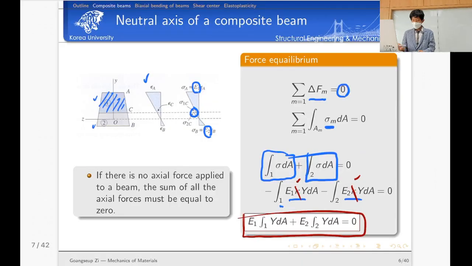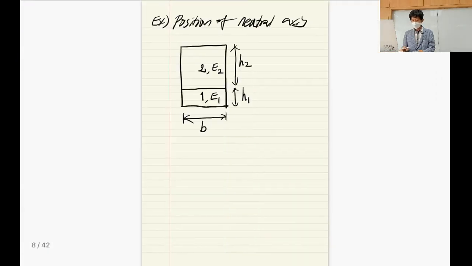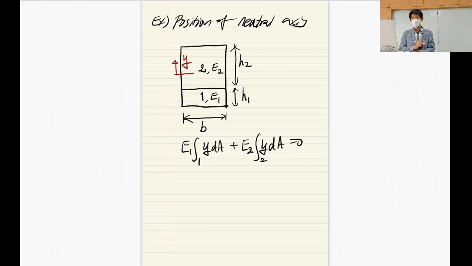Okay, so the key point is this: the first moment is equal to 0. So E1 times the integral of Y dA plus E2 times the integral of Y dA is equal to 0. The problem is we don't know the position of the neutral axis, right?